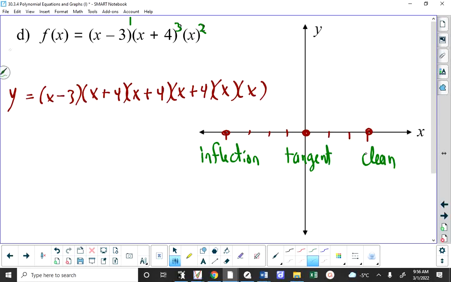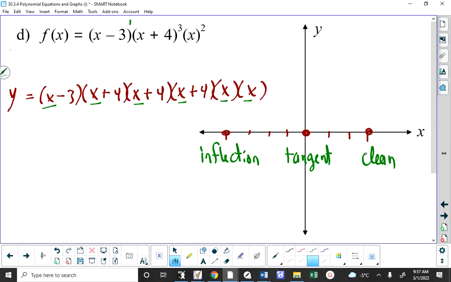This is a degree 6 polynomial. Look, you do not have to multiply out all of these to see it will be x to the 6. What you can do is simply add the exponents on the linear factors together.